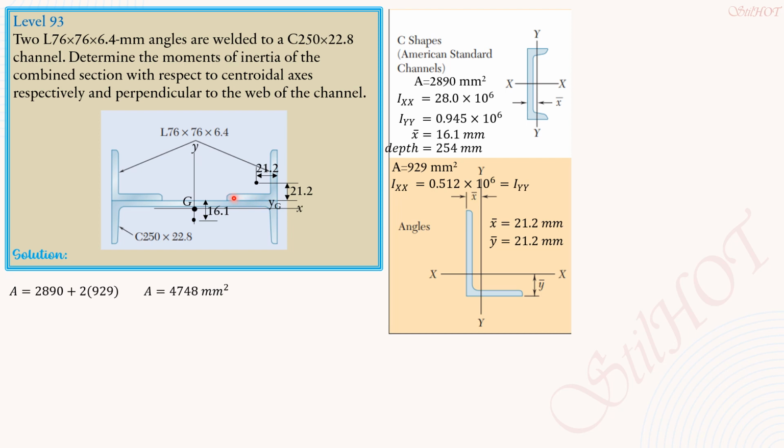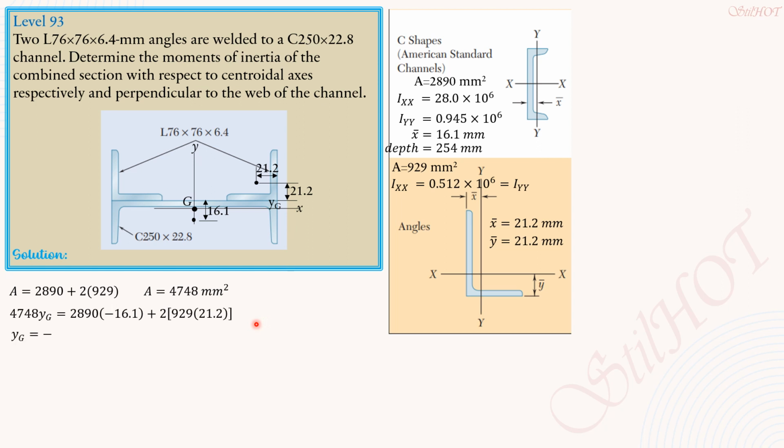Again, this is our reference, this horizontal line. For the area of the channel, we treat 16.1 as negative because it is below this axis. So 4748 YG equals 2890 times negative 16.1 plus 2 times 929 times positive 21.2.